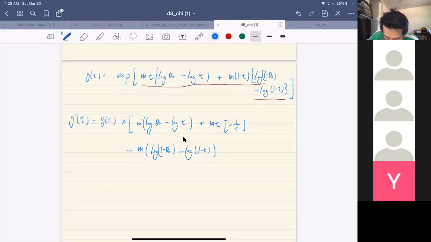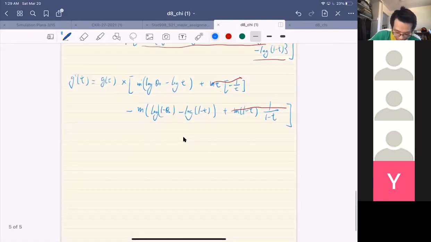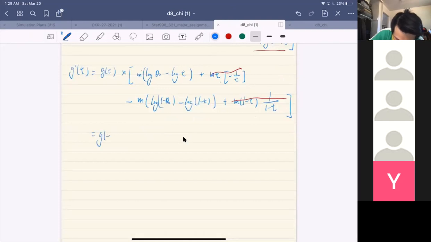And we have to differentiate this again, so n 1 minus t, and this should be 1 minus t. So you can see these two terms can be cancelled, and we have g(t).